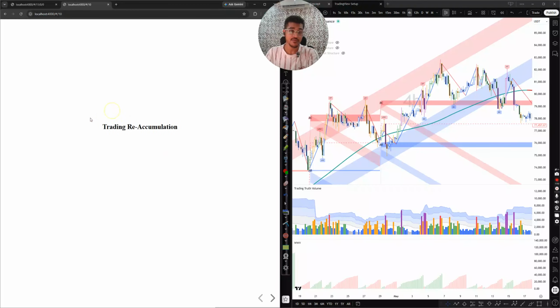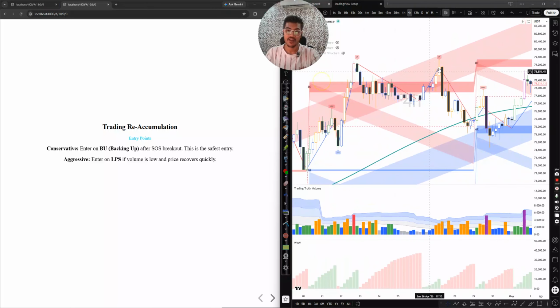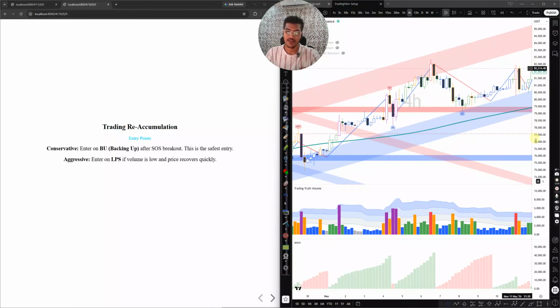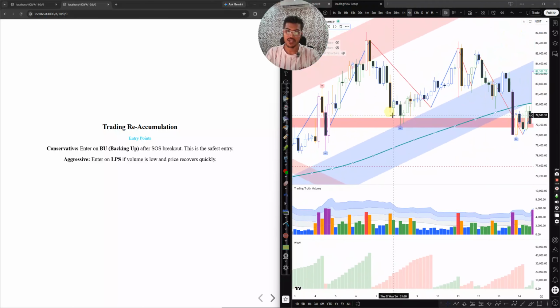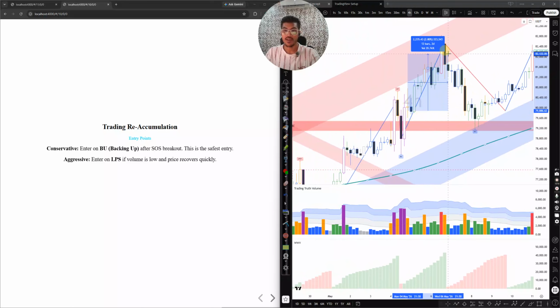So remember the volume characteristics, it's very important. Now, trading reaccumulation, your conservative entry is to enter after backing up action. You see, like this, backing up action. It's going to be a small trade, but you can actually make a living with it. I mean, 2-3% is good enough.